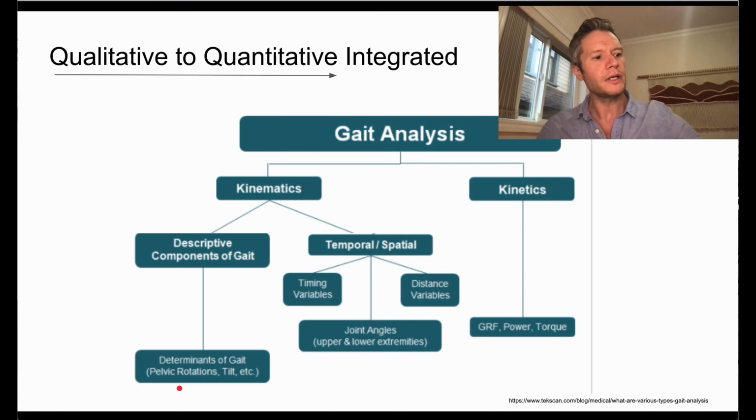So this is where a lot of the qualitative movement diagnosis typically lies. Like this is the majority of it, right? So in the word qualitative, right here. As we move forward to a little bit more quantitative, we can still describe movement, so kinematics, but by using temporal or spatial measurements.